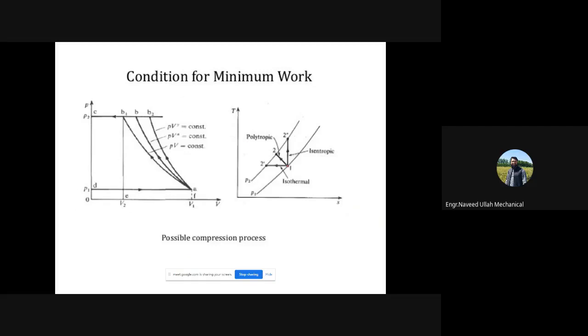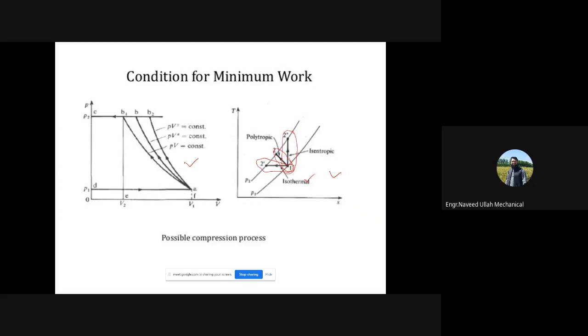This is the PV diagram जो हमने discuss किया है, and this one is the TS diagram. You can also look at this one, right? This is the isothermal process, this one is a polytropic process, and this one is the isentropic process. And the work consumed will be less for the isothermal process.